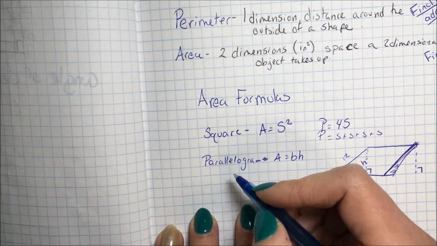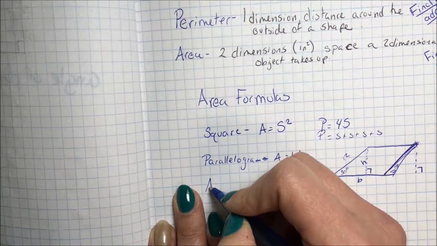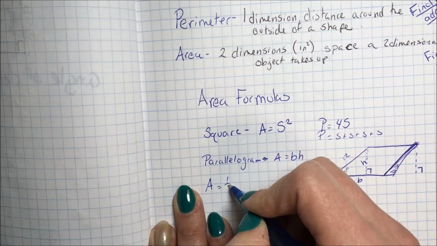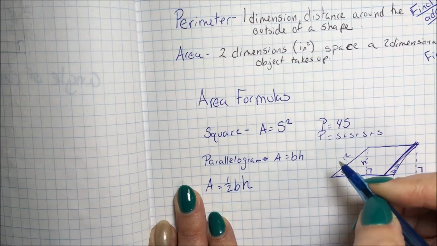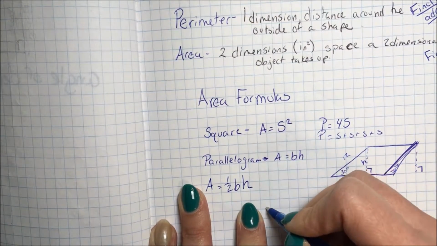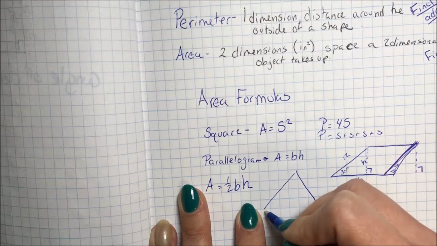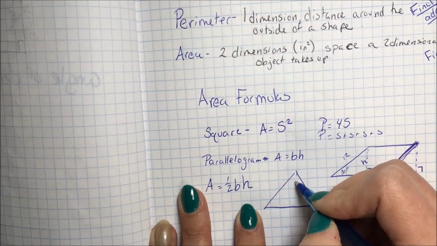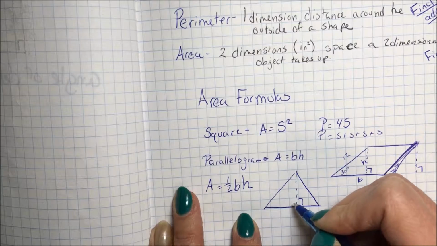Formula for area of a triangle. It's 1/2 base times height. So remember, the base is whatever part is touching the ground, and the height makes a right angle with the base.